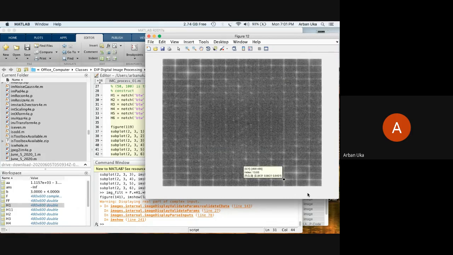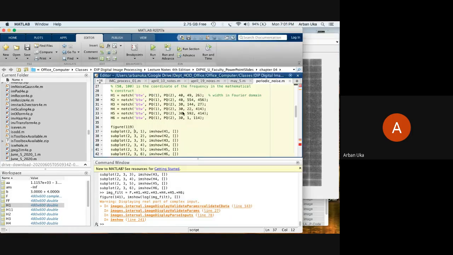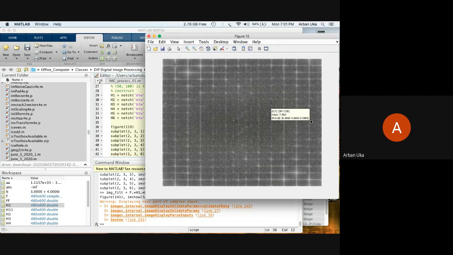So this is 458, 455. Okay, so far we're trying to remove this and this, but then what else would we want to remove? Probably this one is also a very bright spot. So let's take this one also.